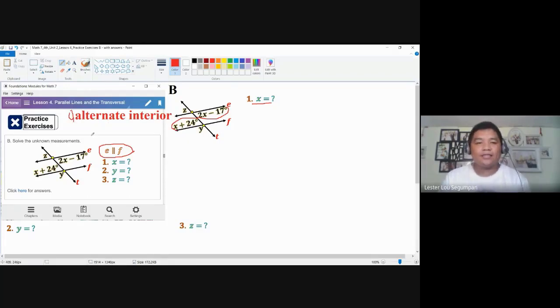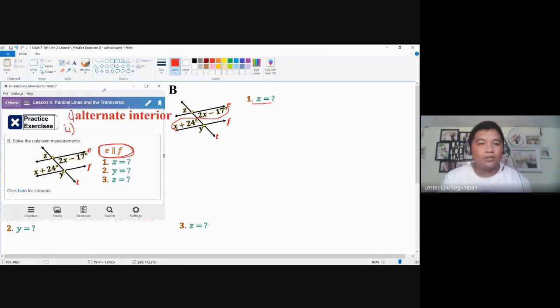What is next? Since we are assured that they are parallel lines as given here, we can now use those five special relationships in the form of a postulate and four theorems. But out of those five relationships, only one of them is talking about alternate interior angles.